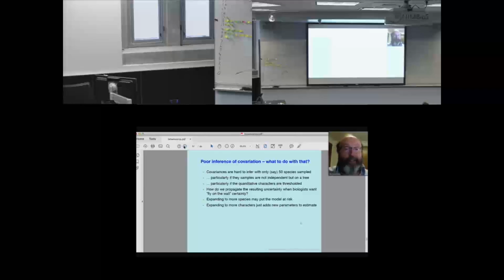So you might say, well, measure more characters. That doesn't actually help because it just brings in a lot more parameters, more covariances that you have to estimate. So yes, you bring in more data, but you're bringing in even more new parameters to estimate, and I think the result is not going to be helpful.